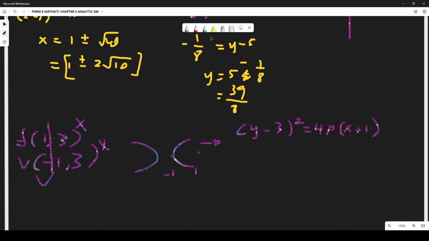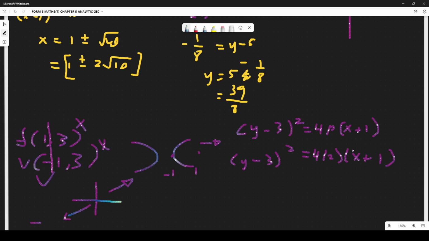For p, you just subtract these two points. Remember the graph, this is positive and this is negative. It's opening to the positive side, so it's going to be a positive p. This is 2. So it equals 4 times 2 times (x plus 1), and (y minus 3) squared on the left.